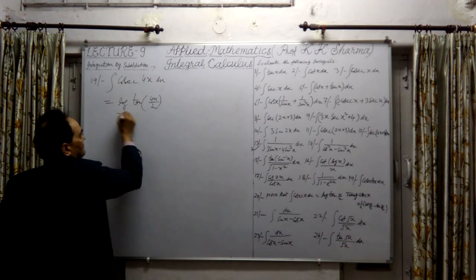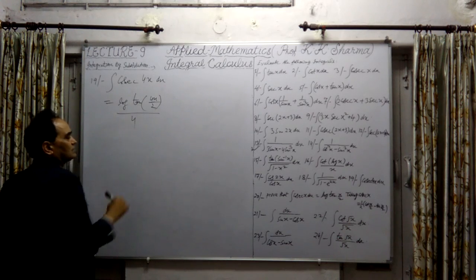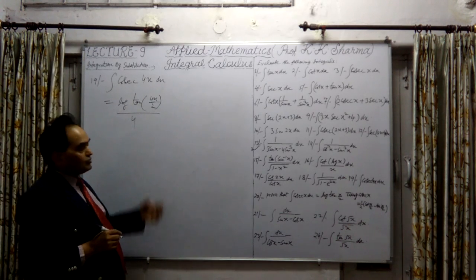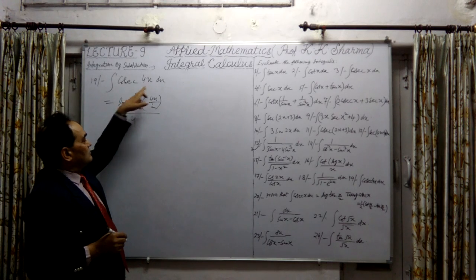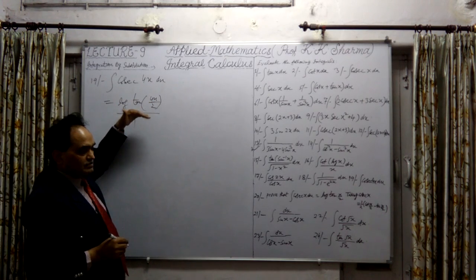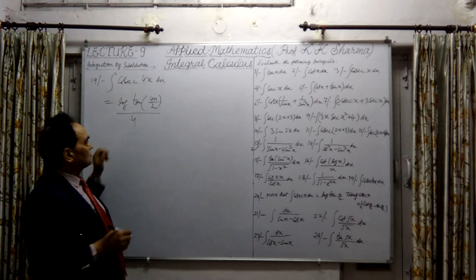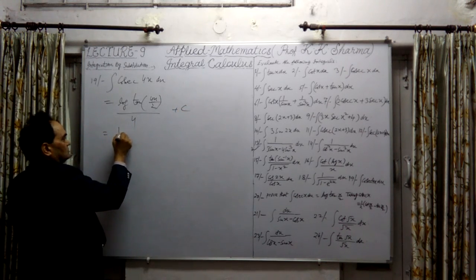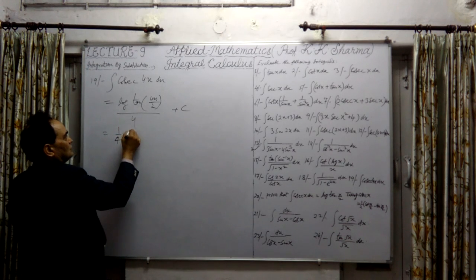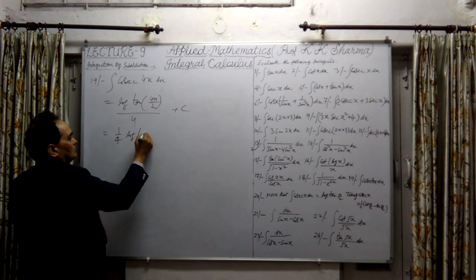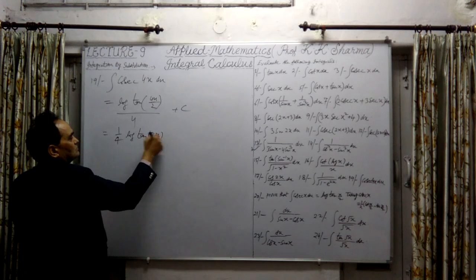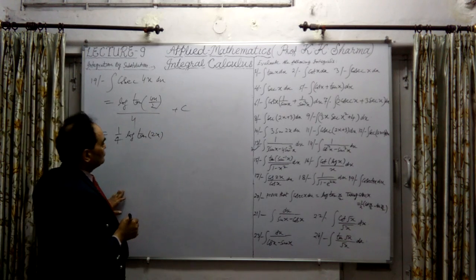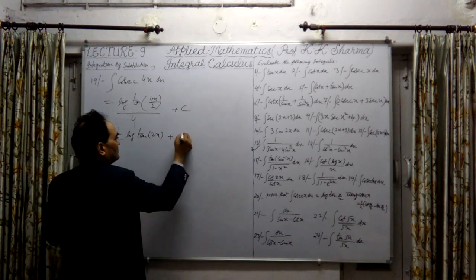Whatever angle is there, we divide the final integral by the coefficient of that angle. This is 1/4, plus the constant of integration. So this is 1/4 log of tan 2x, since 4x upon 2 means 2x only. This is the final answer.